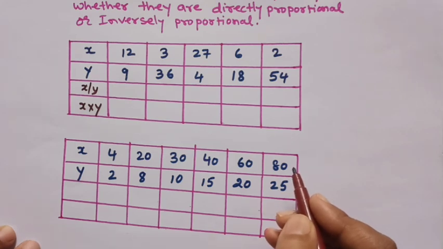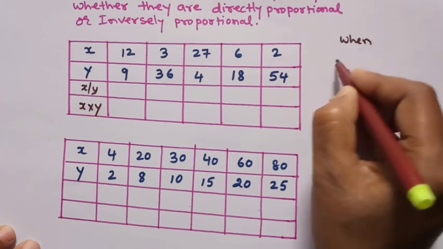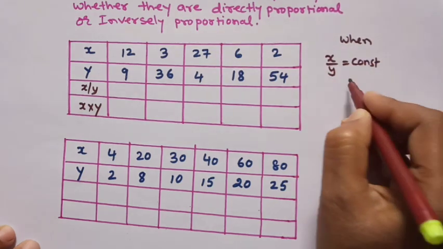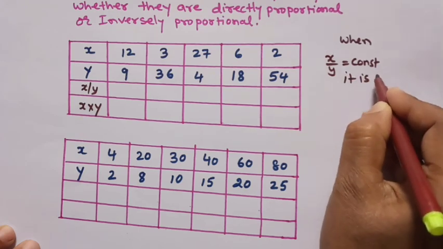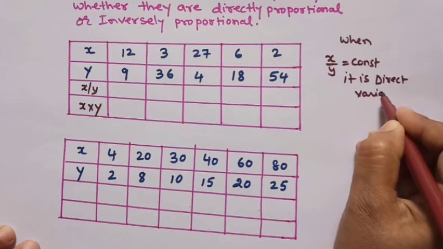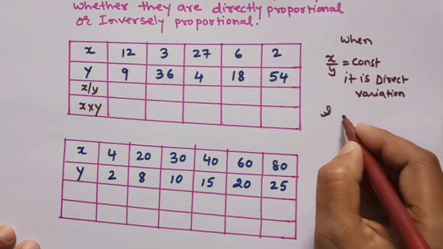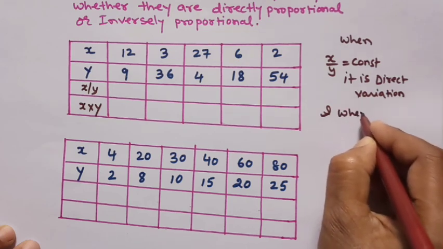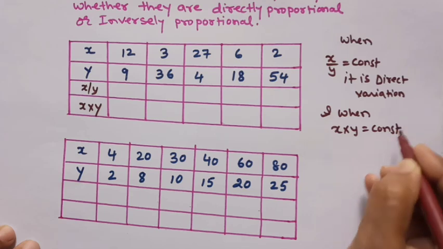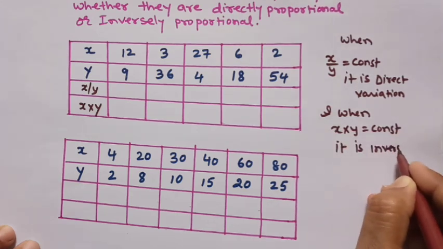Then only we will be able to take a conclusion, because when x by y is constant, it is direct variation, and when x into y is constant, it is inverse variation.